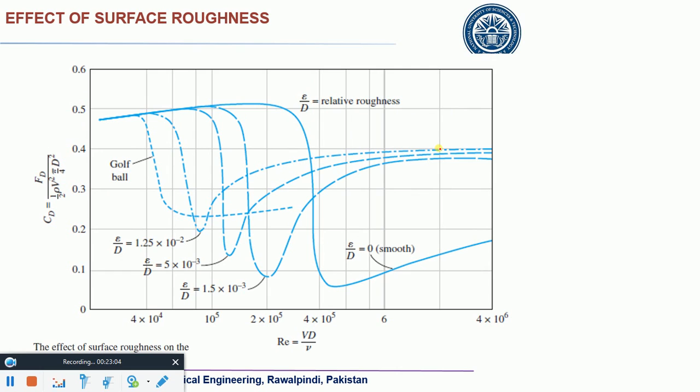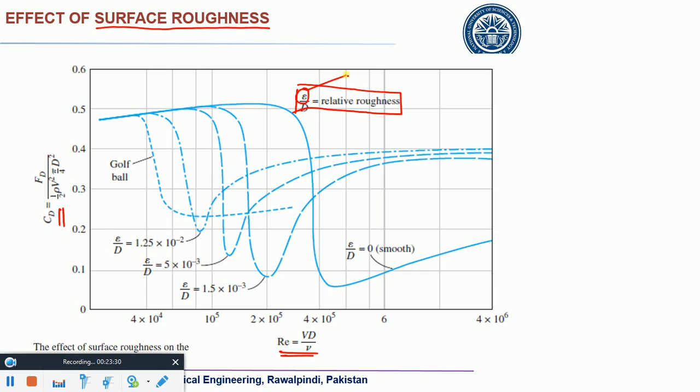Let's see this one. These plots are for surface roughness. You have seen these plots earlier, again taken from the previous course. CD versus Reynolds number, you have those figures. Now epsilon by D is the relative roughness.